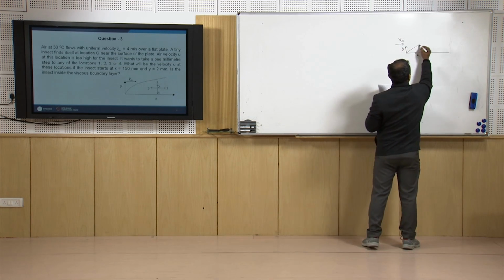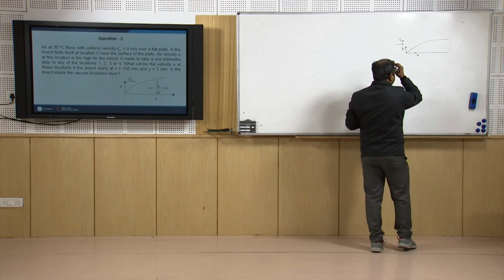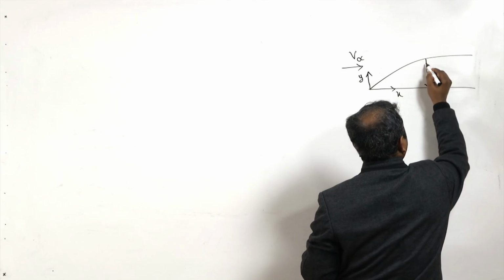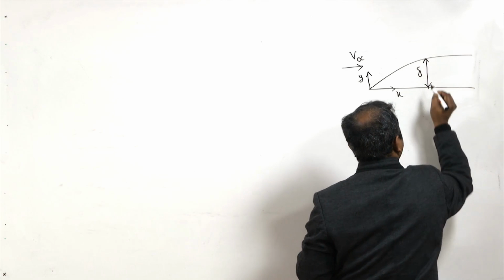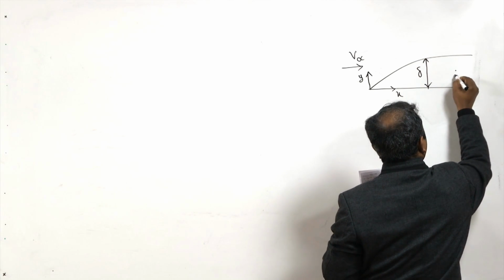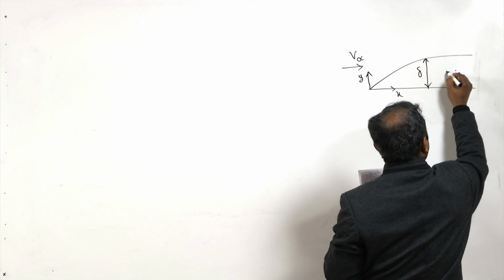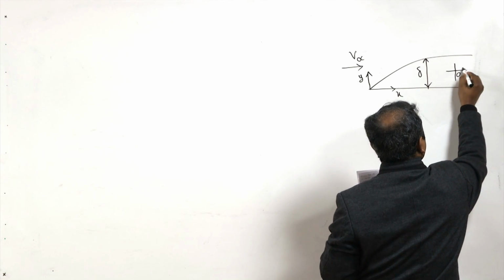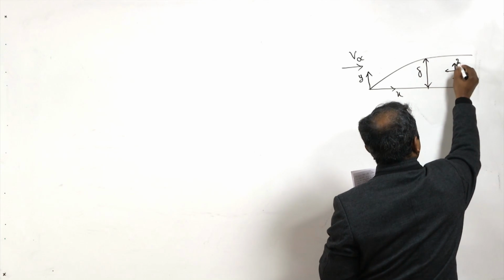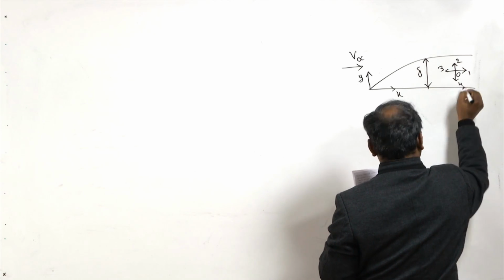Here we will have a velocity boundary layer. Let us say the boundary layer thickness is delta, and we have the insect at the beginning over here at O position, and it has 4 different options to move in, 1, 2, 3 and 4 respectively.